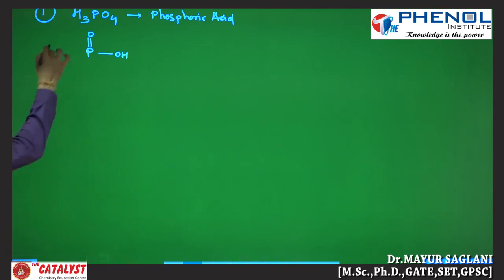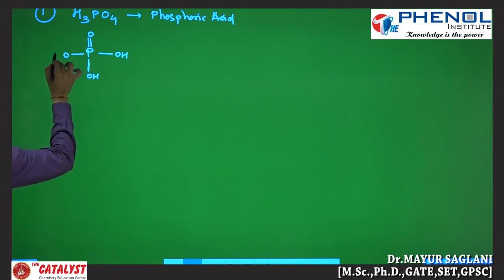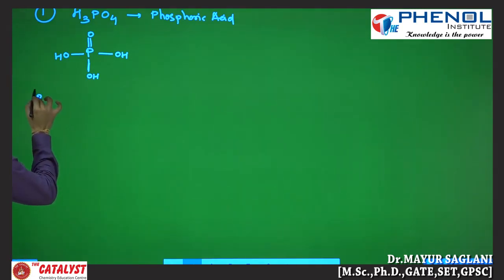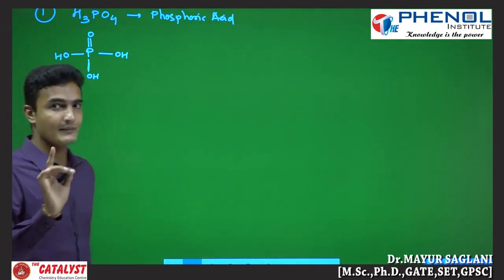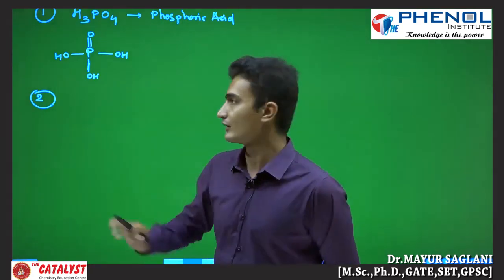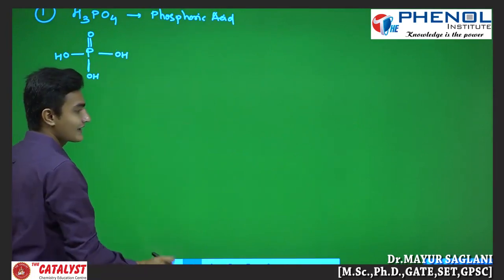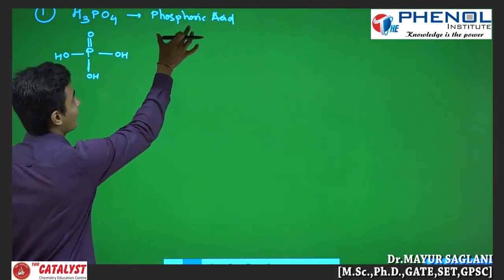So here it is an oxo acid. Okay, there are two more OH bonds, and this one is the structure of H3PO4. Fine. Again I am repeating, I'll make some acids from the basic acid. This one is the basic acid.